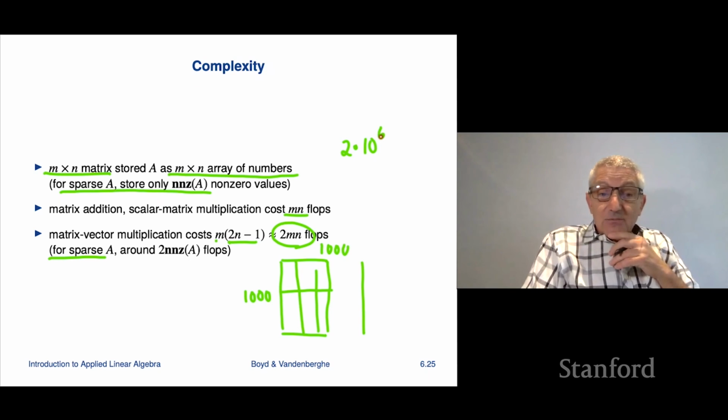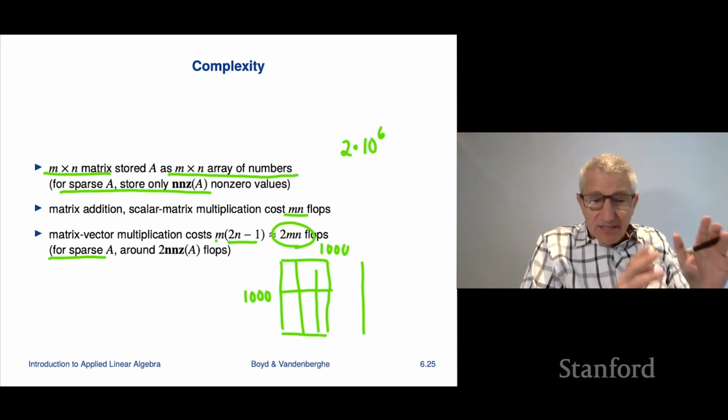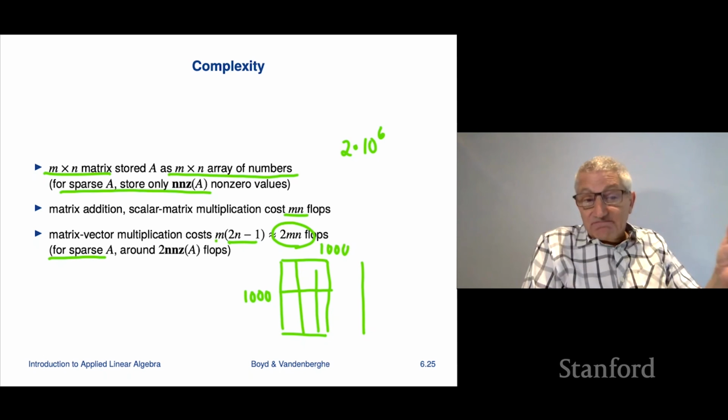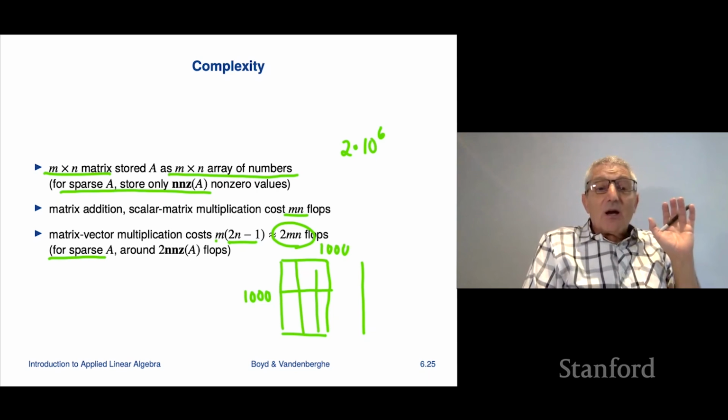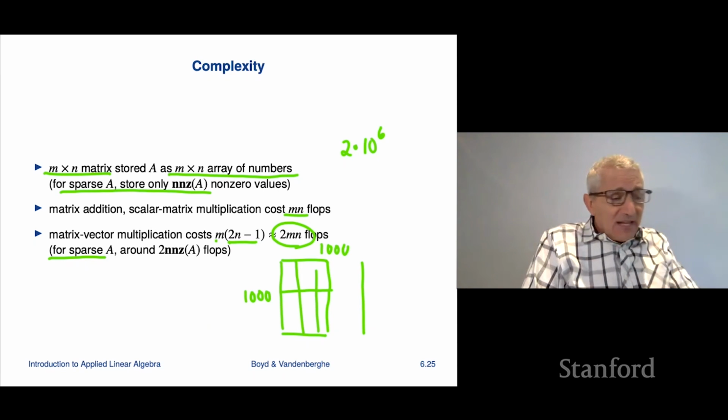If I asked you to multiply this matrix by this vector, it would take you a long time because you'd have to do 2 million floating point operations.